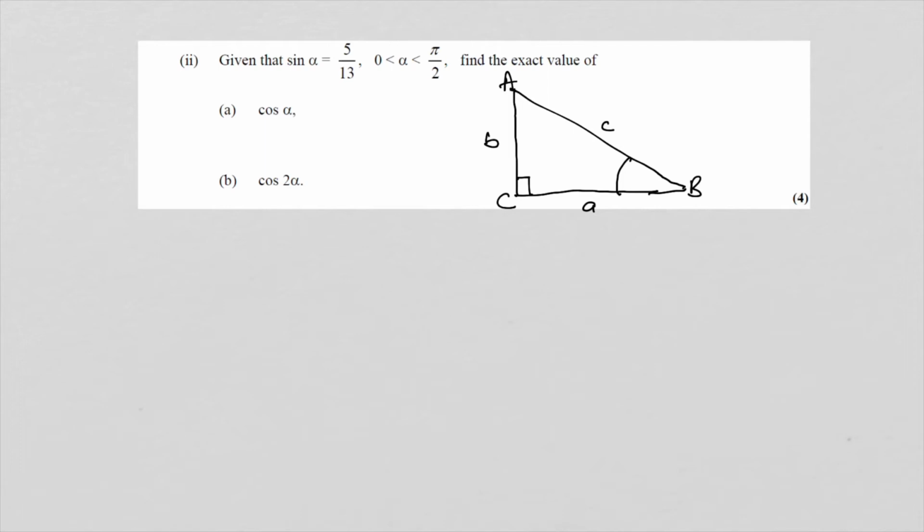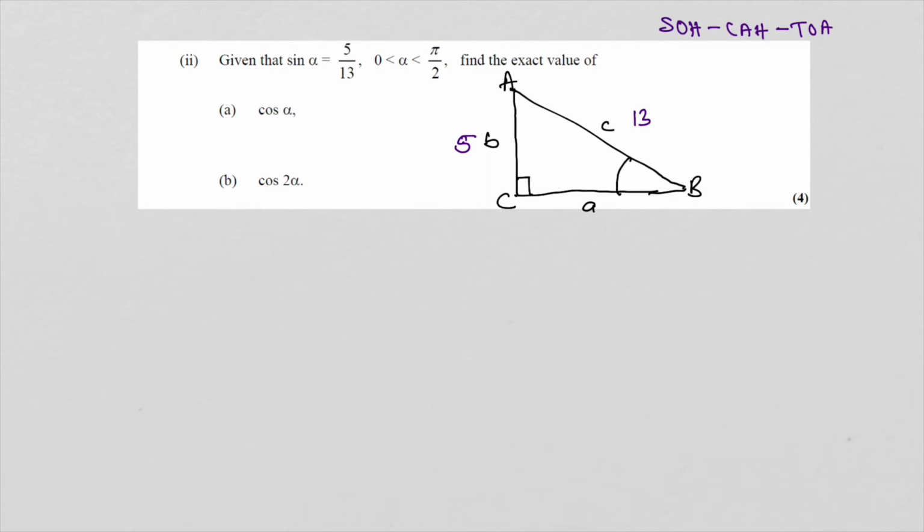We can see the little b here is 5, because this angle for sine is opposite. So for sine of the angle B it is opposite over hypotenuse. The opposite is 5 and the hypotenuse is 13.